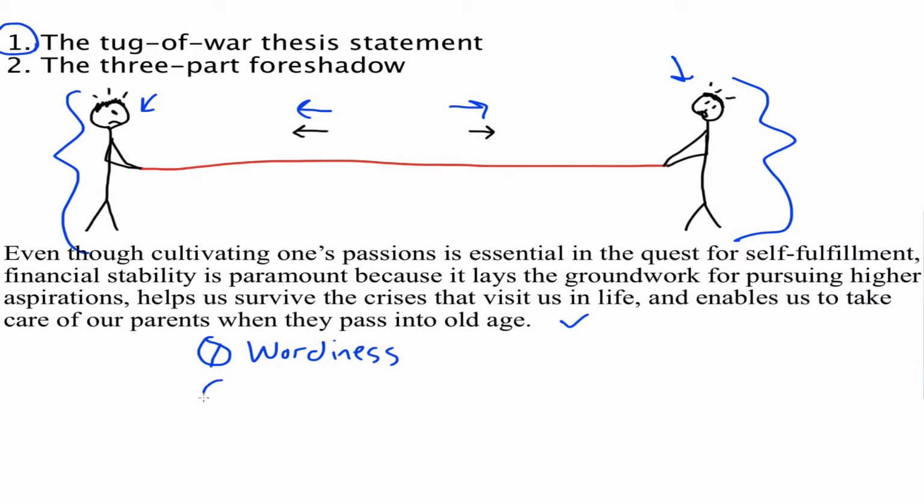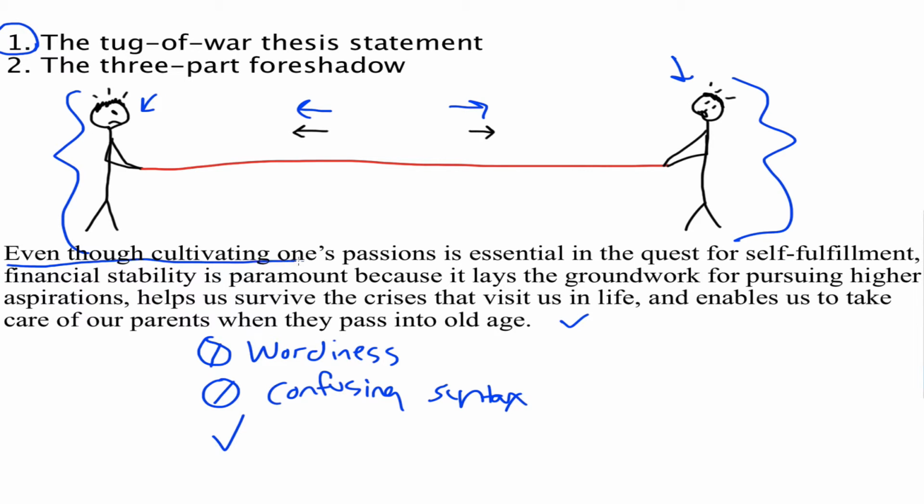You don't want to have excess verbiage in there. And also you want to avoid confusing syntax. And finally, you just want to make sure that the thesis statement's length is called for. And in this case, I think the length is called for.